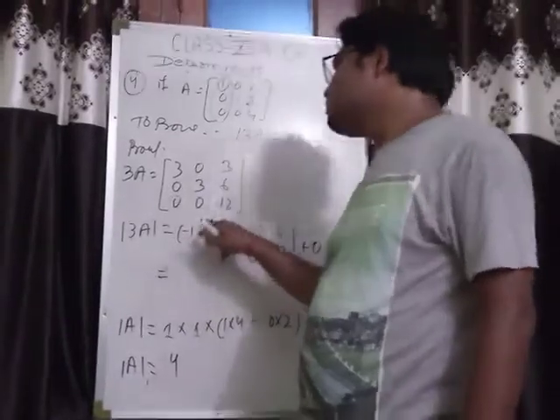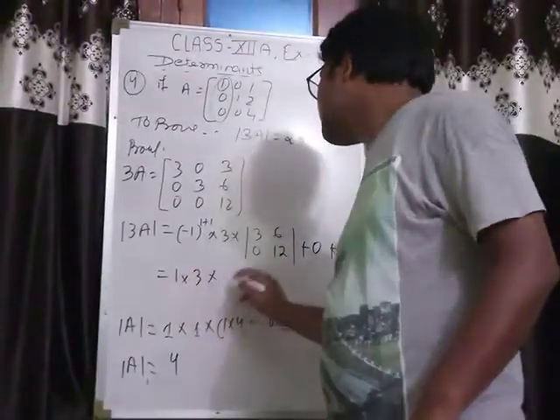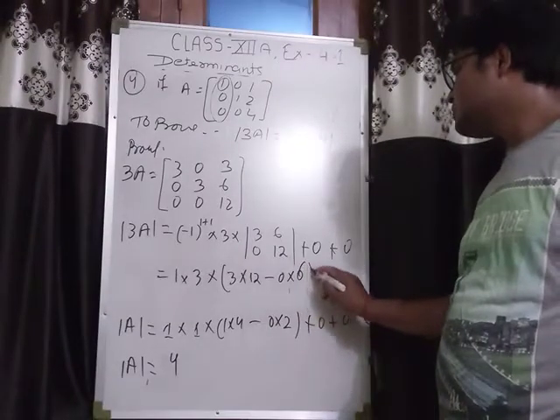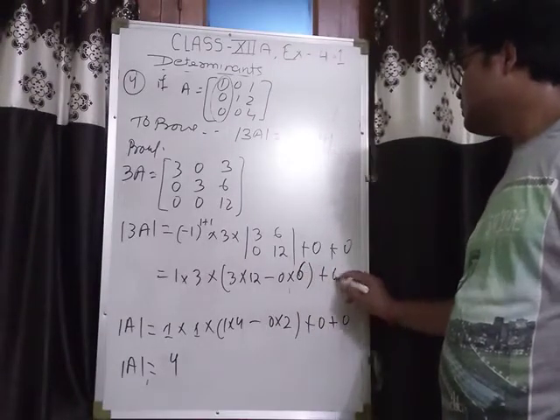So again (-1) to the power 2, that will be plus 1 into 3 into, this one is the product of diagonal entries, 3 into 12 minus 0 into 6, and plus 0.